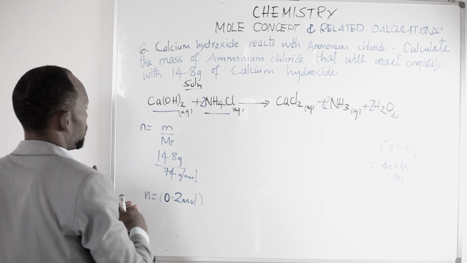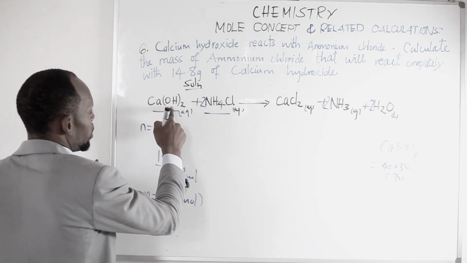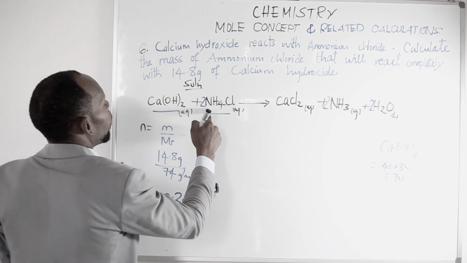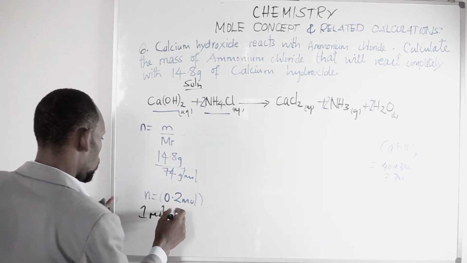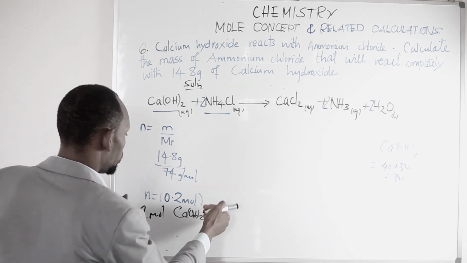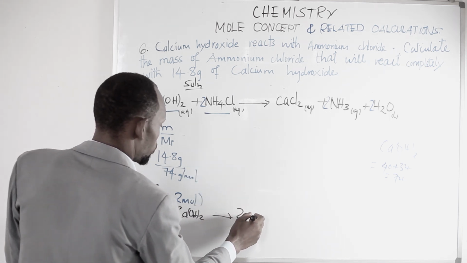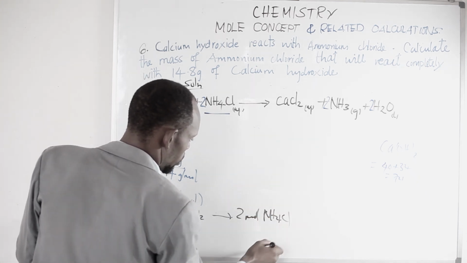Now let us compare. 1 mole of calcium hydroxide reacts with 2 moles of ammonium chloride.